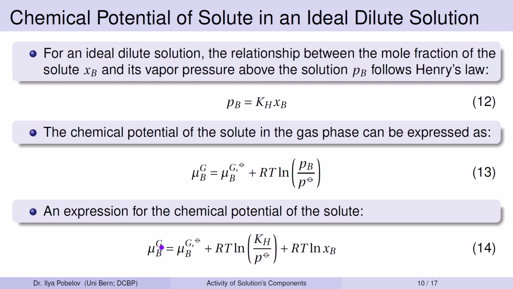Mu Bg equals mu Bg standard plus RT times the natural logarithm of the ratio Kh over P standard plus RT times the natural logarithm of xb, which in turn equals the chemical potential of the solute in the solution.